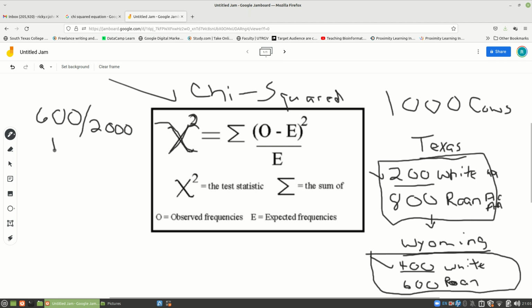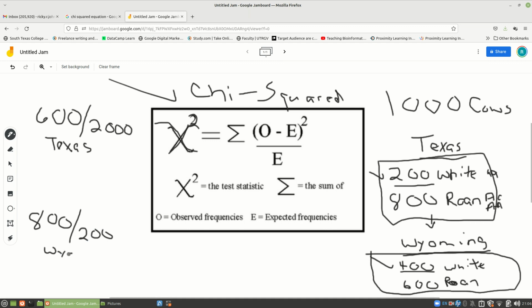And we'll say that this is the number we have in Texas. And then when we go to Wyoming, let's say the number of little a's has increased to 800 out of that 2,000 alleles. That wouldn't be the right answer for here, but we'll just use these, and this is our Wyoming number.